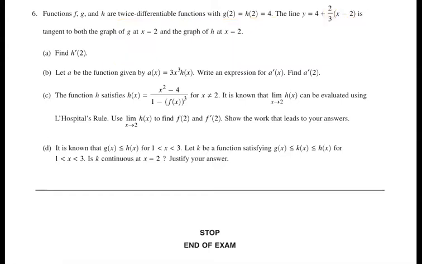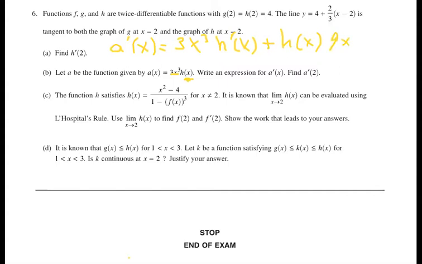The next problem says we want to find the derivative. So we take this thing, and I'm going to use 3x cubed as the first term, and h of x as the second term, and do the product rule. So the derivative is going to equal the first, 3x cubed, times the derivative of the second, which is h prime of x, plus the second term, h of x, times the derivative of the first term, which would be 9x.